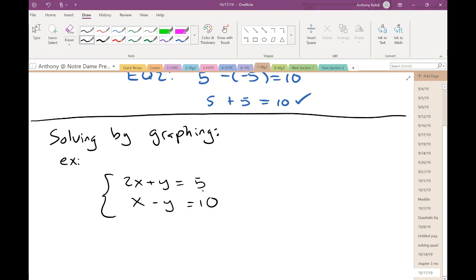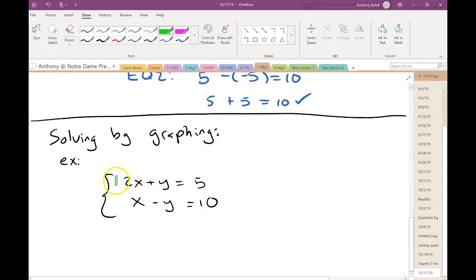So my plan for this is I'm going to graph both of the equations on the same set of axes. Okay, so on the same xy axis, I'm going to graph both of these two equations. And then I'm going to look at what I have. Okay with that plan?